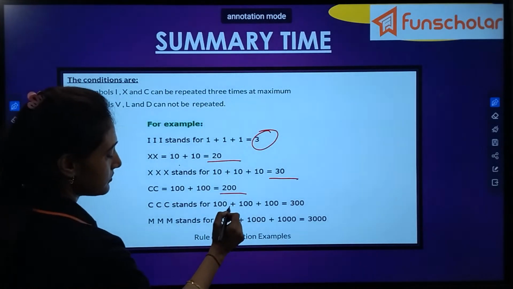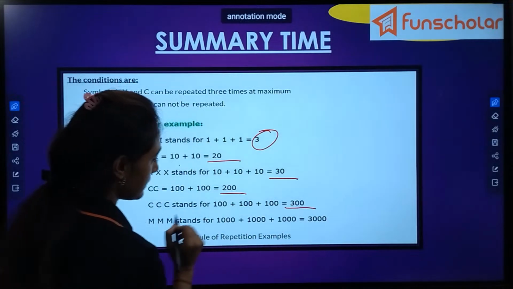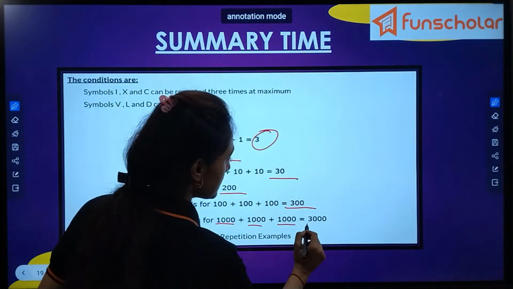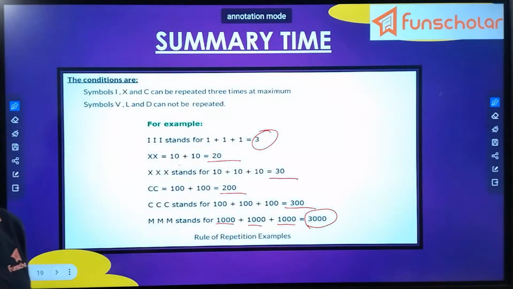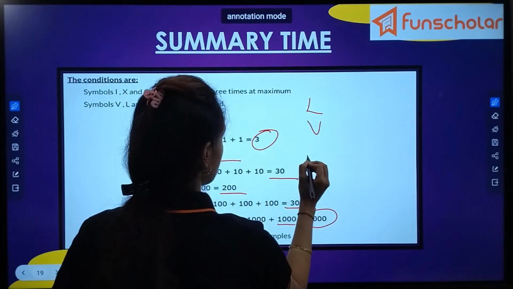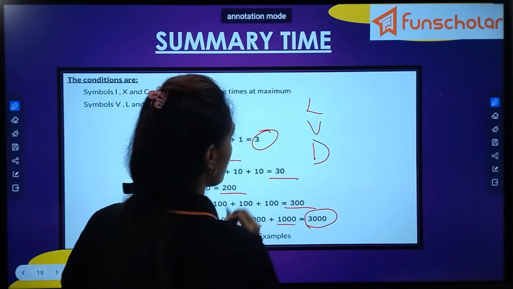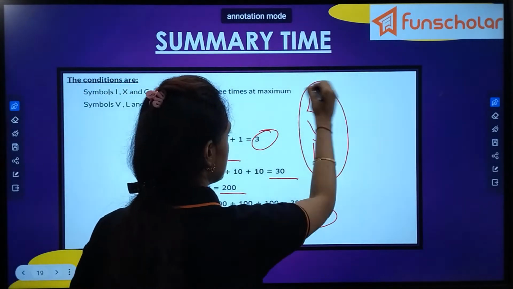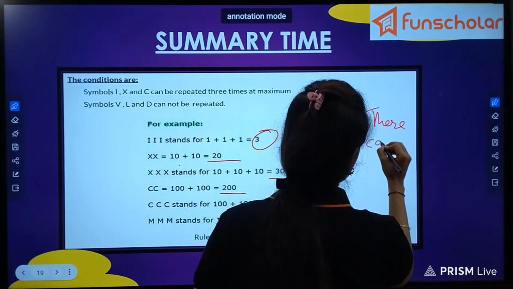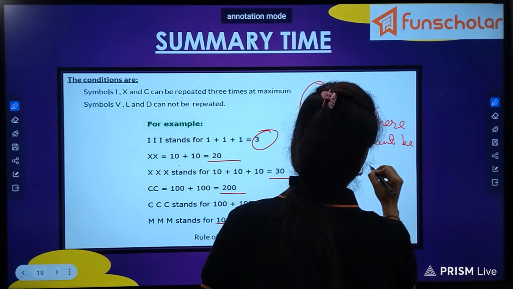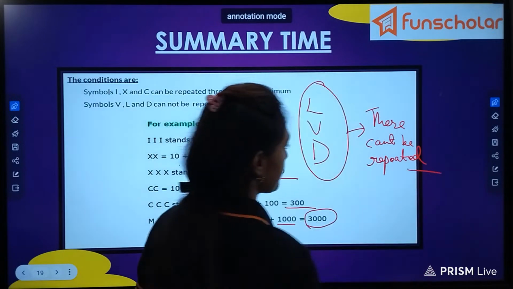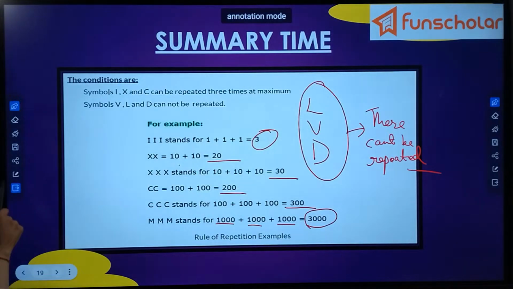Triple C means 100 plus 100 plus 100, 300. And triple M means 1000 plus 1000 plus 1000, 3000. Understood? See, here L, V and D are not in this list. Why? Because these can't be repeated.